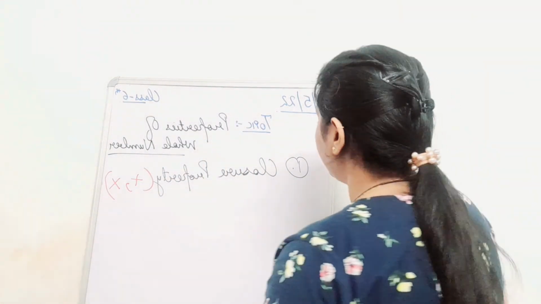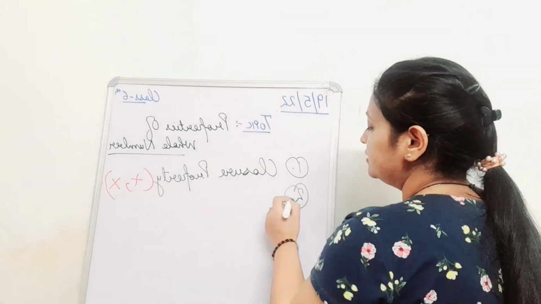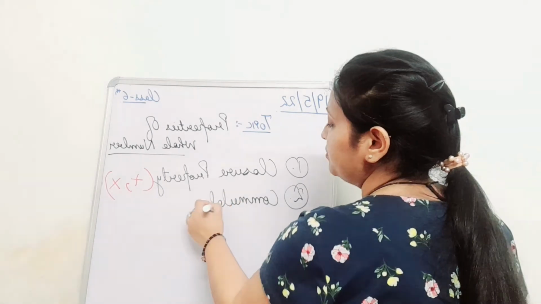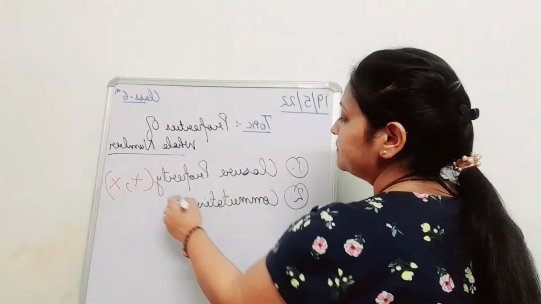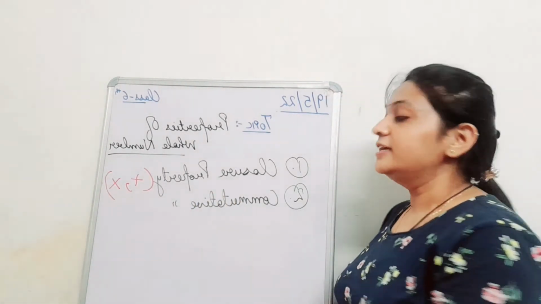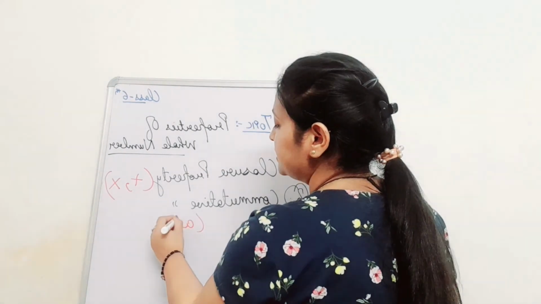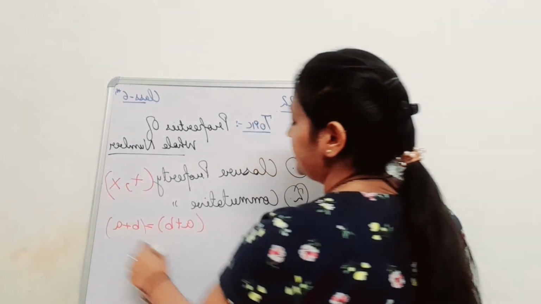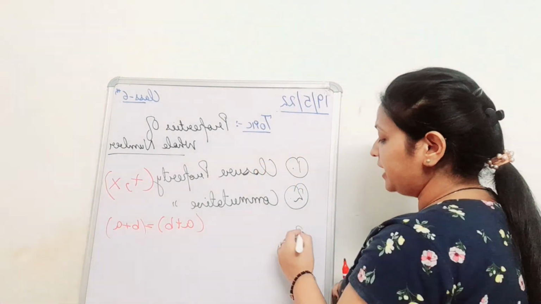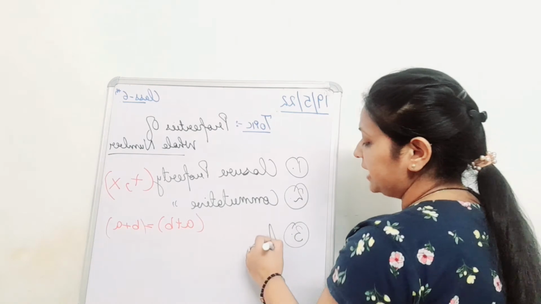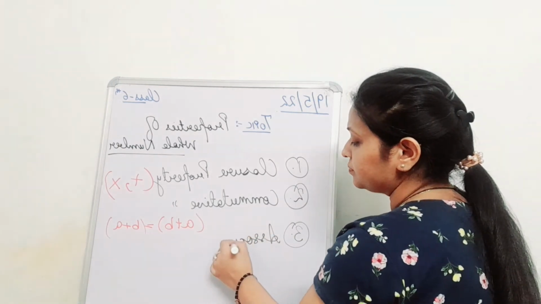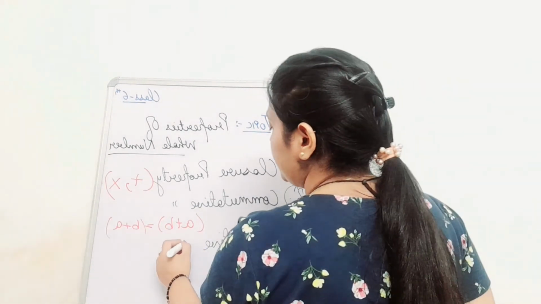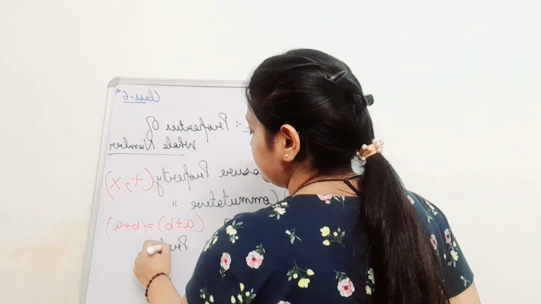Okay. After that, which property have we done? Commutative. Very right, students. So in commutative property, what have we learned? A plus B is equal to B plus A. Very right, students. And after that we have studied the associative property. And in associative, what will we see?